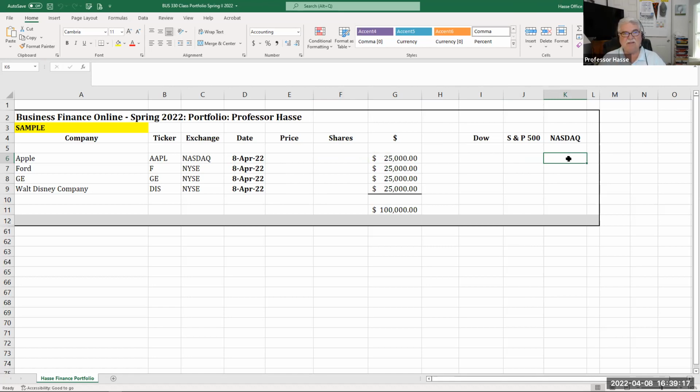You find those indexes, save it, and post your portfolio to the discussion forum in a thread that you create. And also in that thread, briefly explain why you picked the companies you picked. So that's for 10% of your course grade, and this posting is due midnight on Sunday, April 10th.